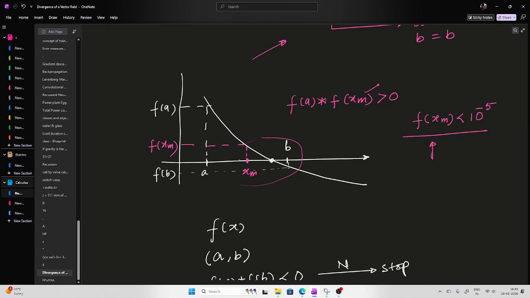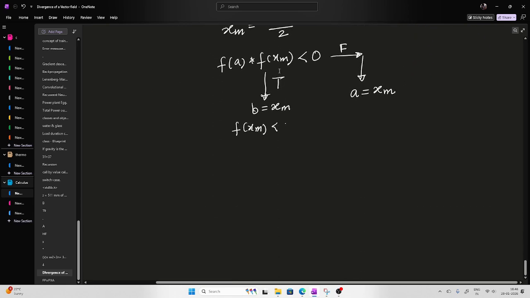Or you can also evaluate the difference between a and b. If the difference between a and b shrinks, then also you can say that you have got the answer. So if the magnitude of xm is less than 10 to the power minus 5 or 4, whatsoever is your converging criteria, then you have your answer.